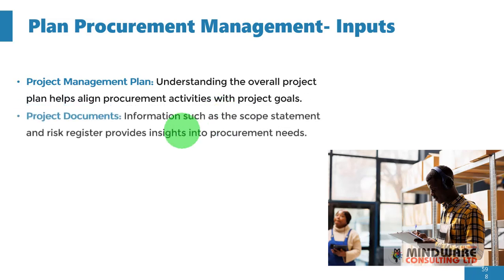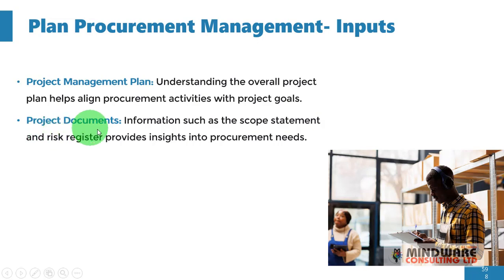Next we have the project documents. Information such as the scope statement and risk register provides insight into procurement needs. These documents for the project are going to be handy. They're going to be required for your procurement process as well.